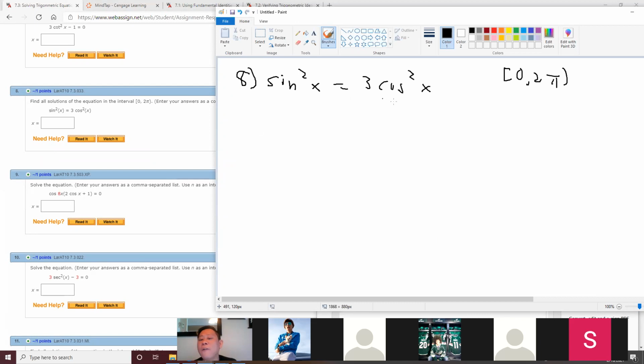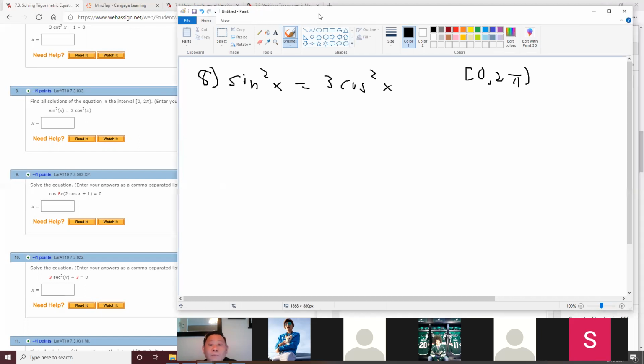So can you solve an equation with 2 different trigonometric functions, sine and cosine? The answer is no. You cannot solve like this because everything you solve has to be either all in terms of sine or in terms of cosine. So can someone tell me what we can do here to change everything in terms of 1 trigonometric function?